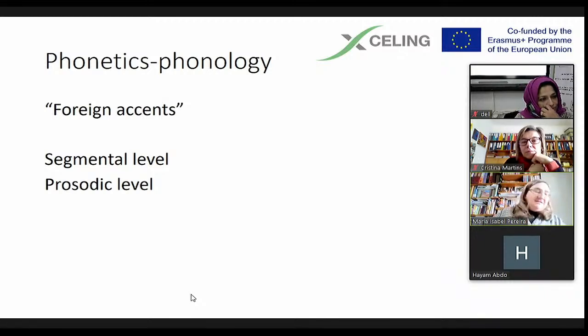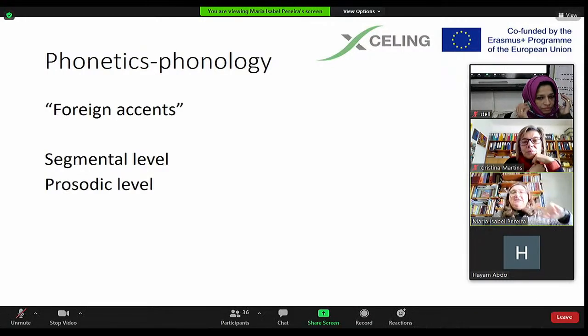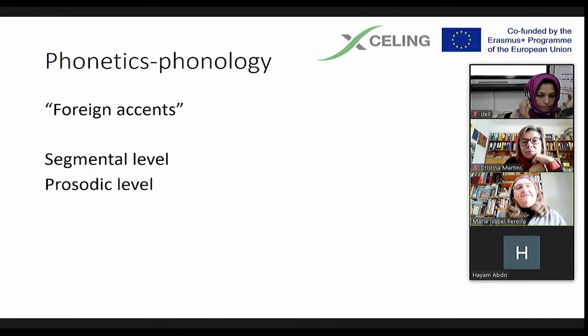We can identify an Italian, well, I am generalizing, but you don't mind, an Italian speaking English, or a Spanish speaker, or even a Portuguese speaker, a Japanese speaker speaking English.